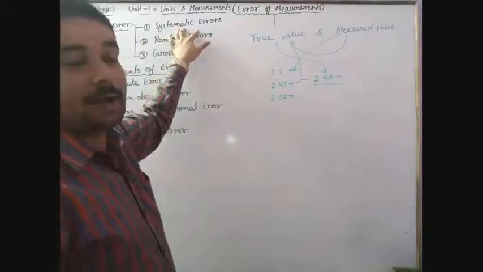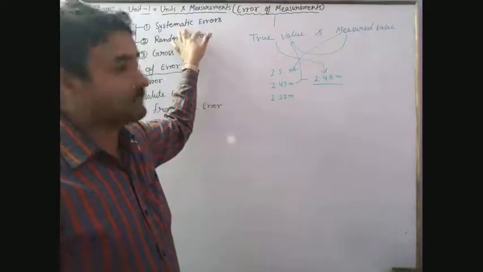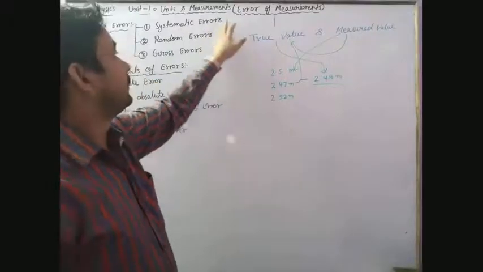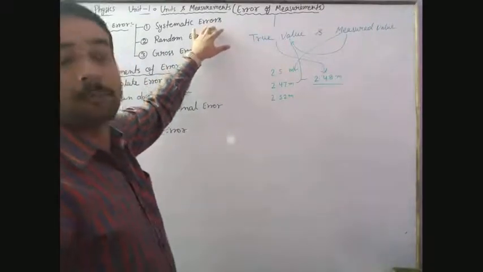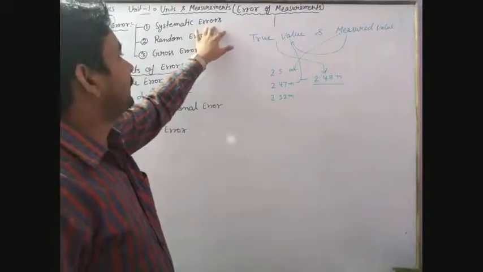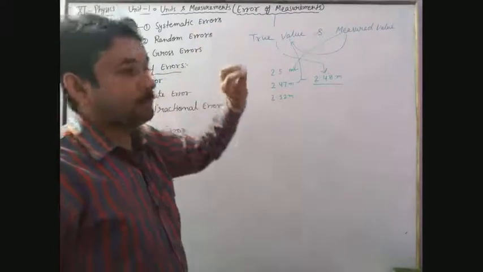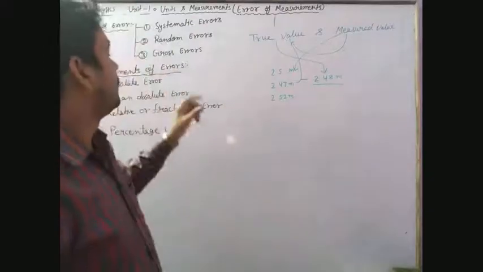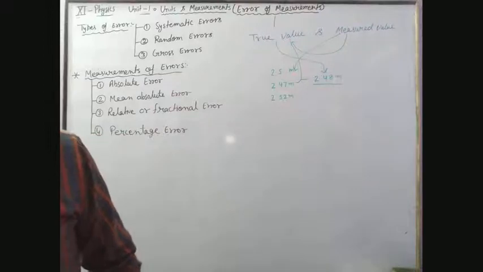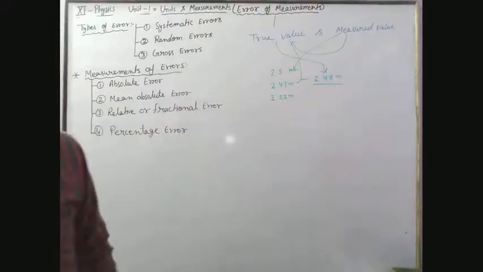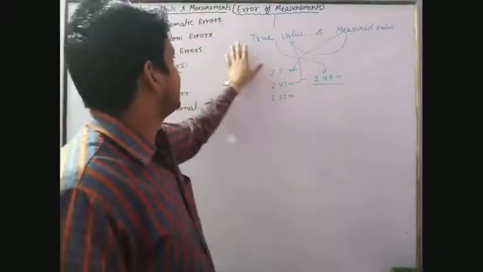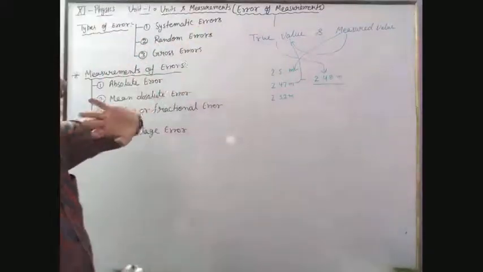Systematic errors are categorized into four parts: personal error, instrumental error, imperfections, and error due to external causes. So these are the systematic errors.